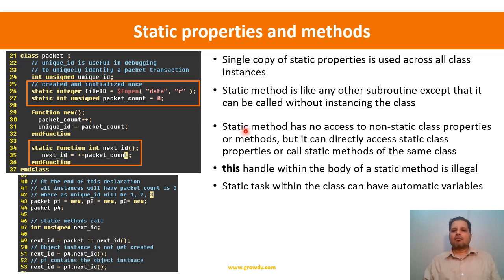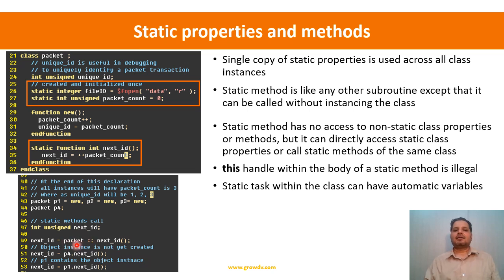Now let's look at what a static method means. Pay attention here: when you declare a static method, it's like any other method that you declare. The main difference, and this leads to these two points, is that you can access a static method without really instancing a class. I have declared a static method called next ID here, and I can now access this next ID function without having created any instance of this packet.